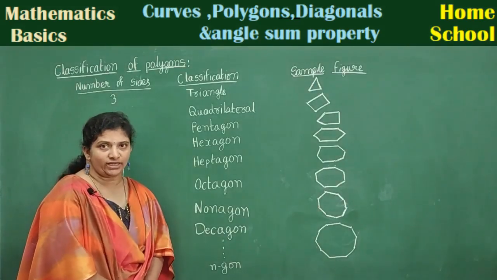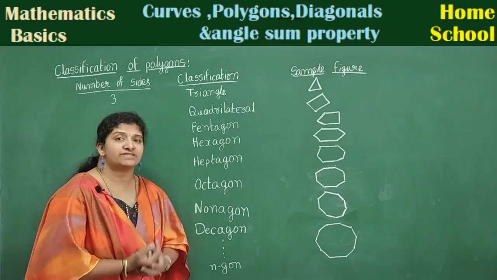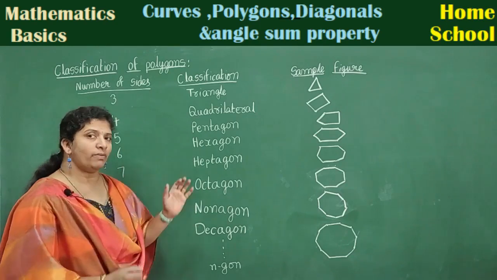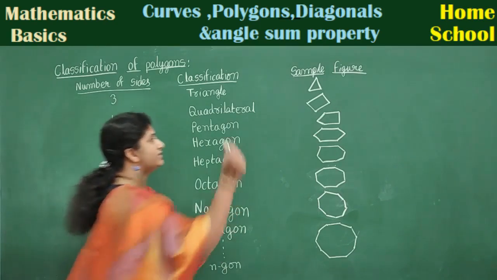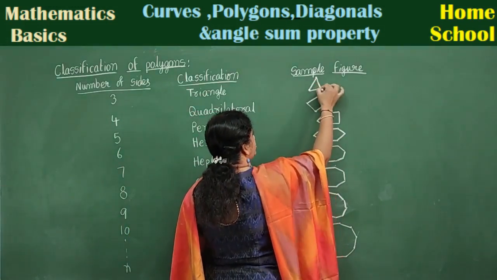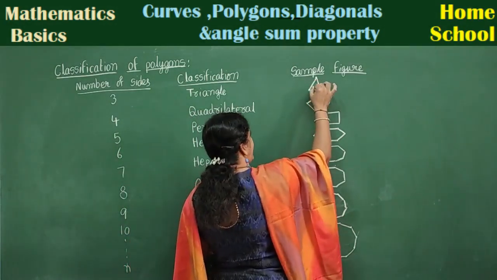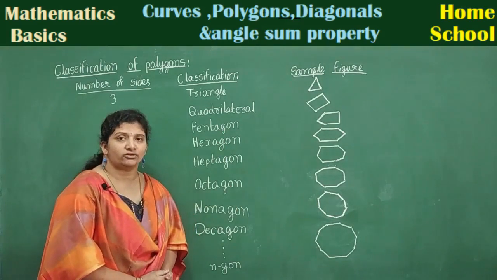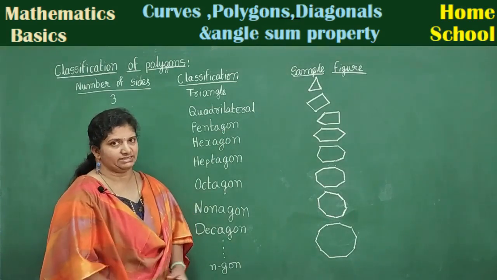Classification of polygons. We classify the polygons by the number of sides or vertices. Look here, I hope every one of you knows what are sides and what are vertices. Just see here, these are the vertices. 1, 2, 3 vertices it has, and 3 sides. 1, 2, 3. We classify the polygons according to the number of sides, or you may say vertices.